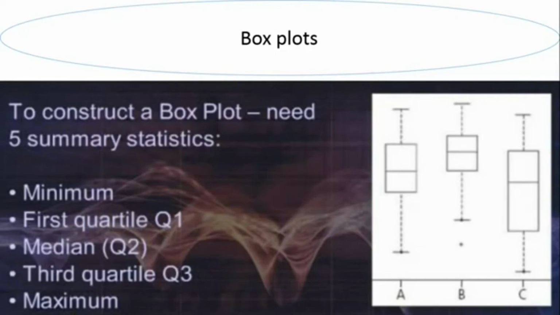To construct the box plot, you calculate the first quartile, median, and third quartile. Calculate the interquartile range by subtracting the first quartile from the third quartile. Then construct the box above the number line, bounded on the left by the first quartile Q1 and on the right by the third quartile.